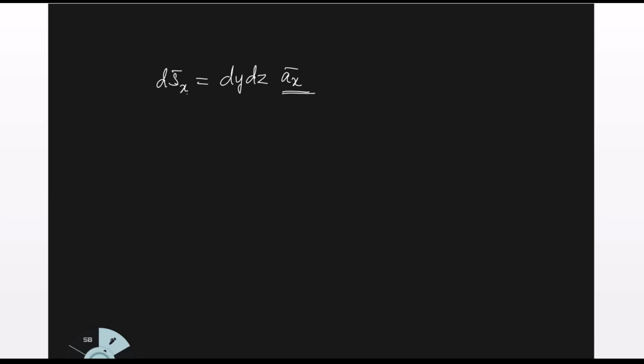Similarly, the differential surface vector normal to the y direction is dsy vector equal to dx dz ay vector. Next, normal to the z direction, dsz vector equal to dx dy az vector. These are the differential volume, differential length and differential surface vectors for the Cartesian or rectangular coordinate system.